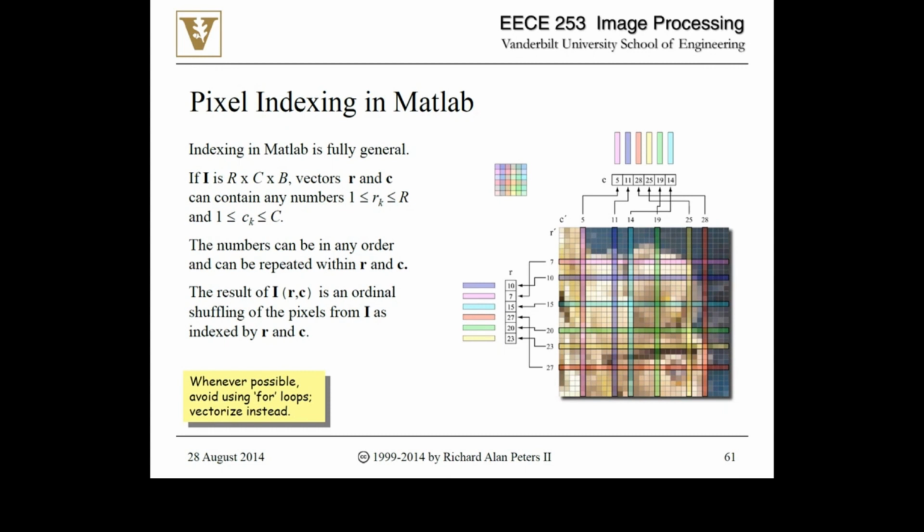So 28 and 25 are reversed, and 19 and 14 should be before 28 and 25. So you're not respecting the order. And the same for the rows. And then you would be taking these pixels and rearranging them in this pattern.